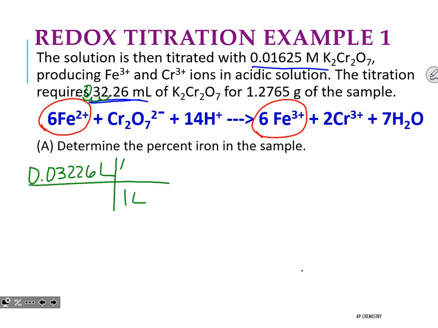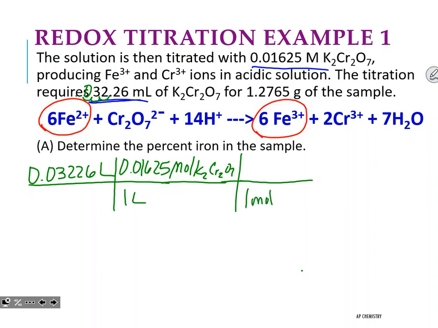Then I can do 1 liter equals 0.01625 moles of K2Cr2O7. Now the potassium really doesn't participate in the reaction because potassium is a what? Spectator, so we'll just take it out.